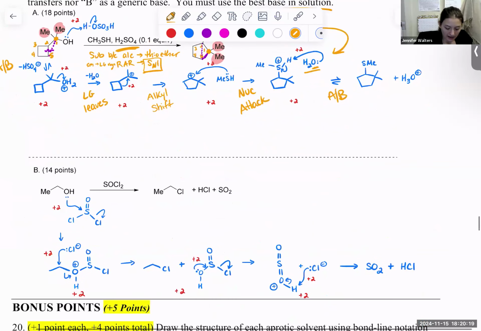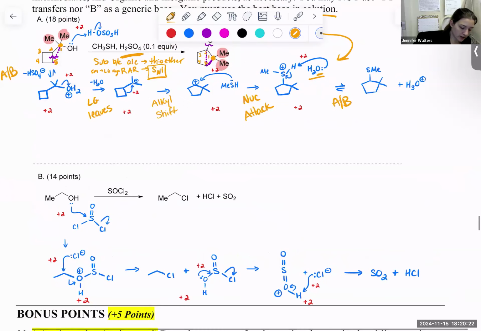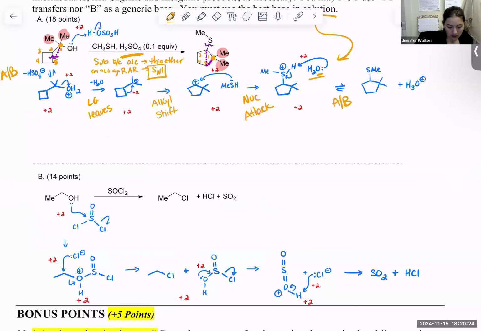For B, this was that mechanism that I emphasized in lecture, or at least tried to say that it was really important and really powerful because this was that reagent that turned our alcohol into a halogen.